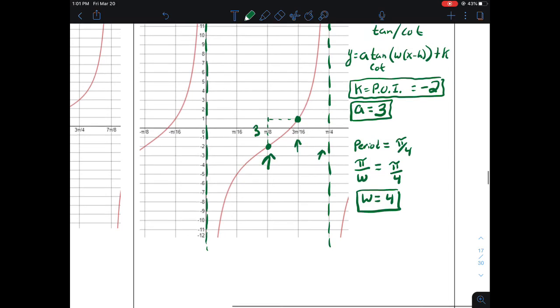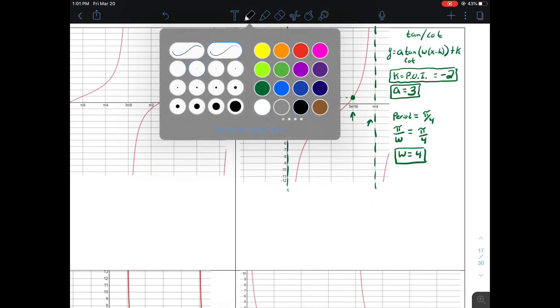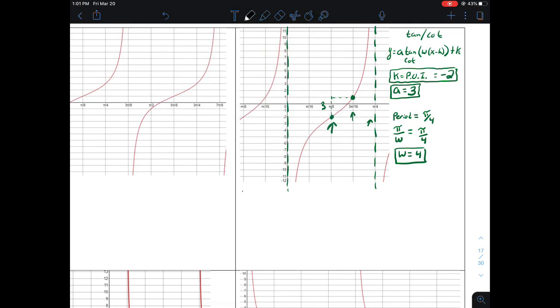So I need some reference x, and I didn't provide these before I started, so I'm going to write them here. Let's say we have a reference x value to write an equation off of: pi over 8. Let's start with that one. To pick what function I use, I need to know which function, tangent or cotangent, starts at its point of inflection.